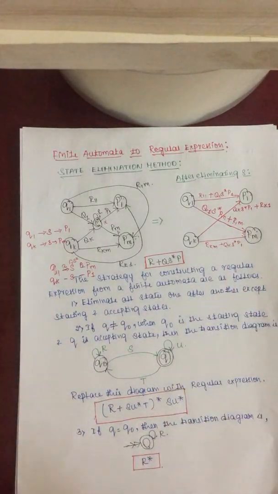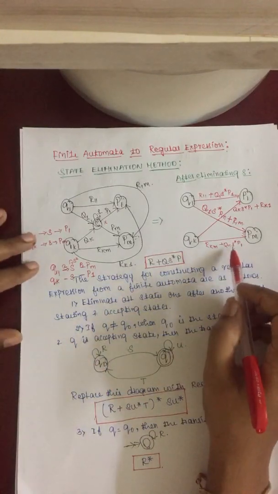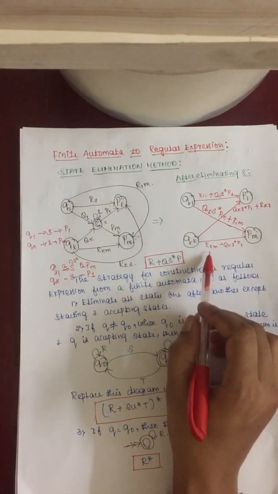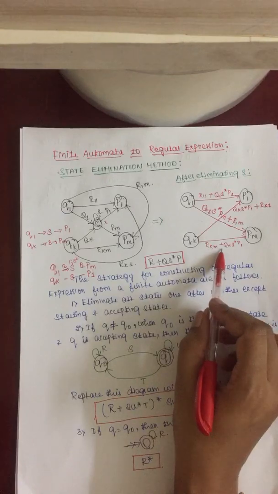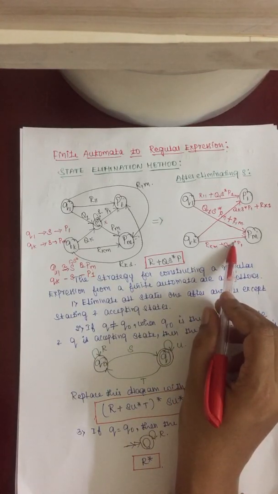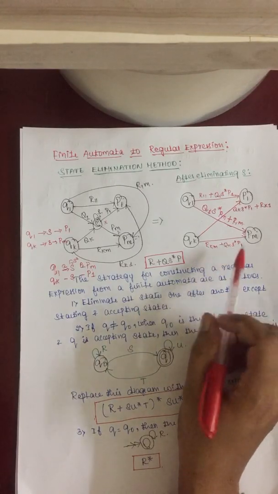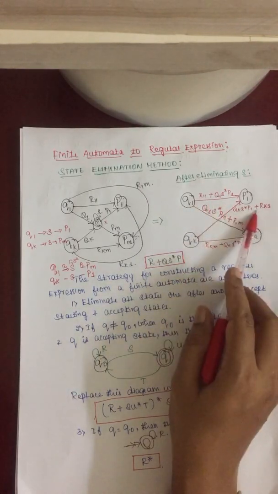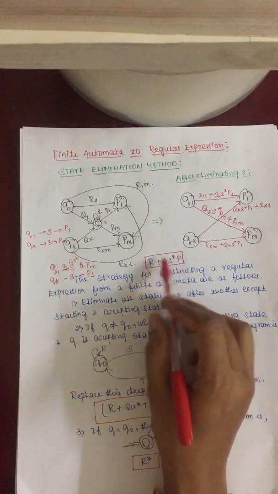So here, shall we frame this as one formula? Some R parameter will definitely be there, or some Q parameter along with the S closure, S star parameter, as well as the P parameter will definitely be there everywhere. So shall we frame it as one formula?